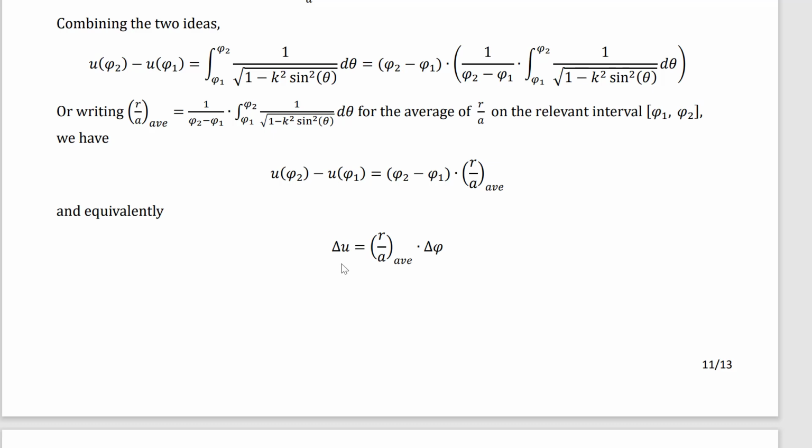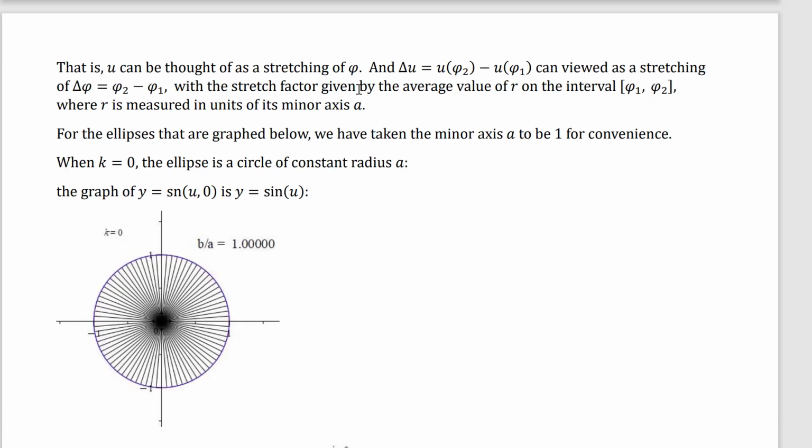So essentially, the change in u for any two phis is the average of r over a for those values of phi times the change in phi. And r over a is always going to be bigger than 1. So as I said, any interval length in u is just a multiple of the length of phi.